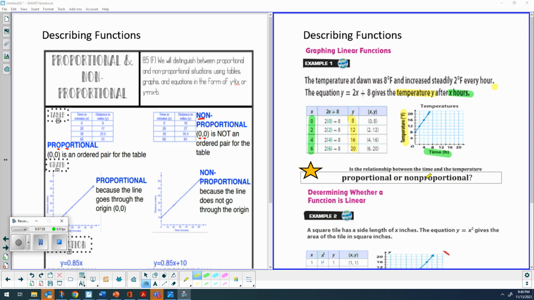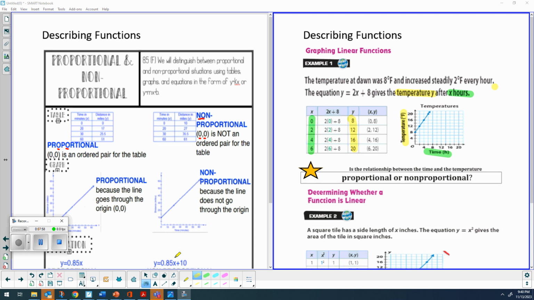Because we have an equation in the word problem, you can base your decision on looking at the equation form. Which equation form represents y equals 2x plus 8? Would it be the proportional kind or the non-proportional kind?